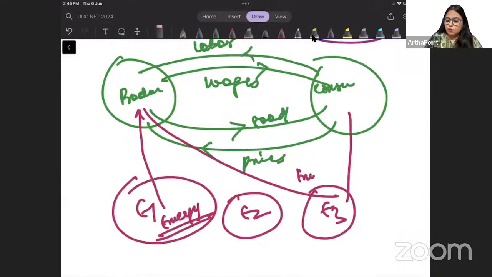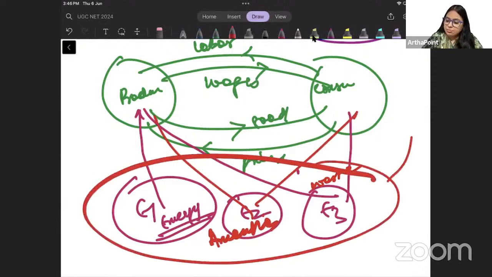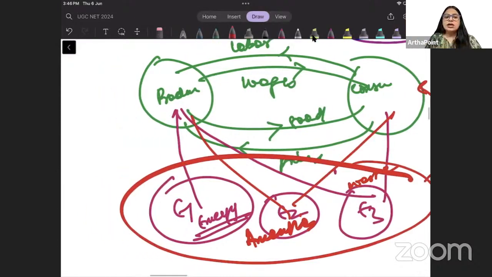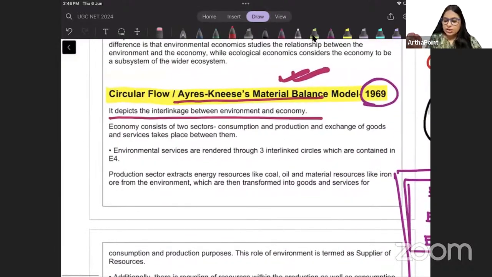I mean waste, whatever waste is getting generated that is going to the environment. बहुत सारी amenities भी environment दे रहा है to producer and consumer. So when we link this environment to the economy, जब हमने environment और economy को interlink कर दिया, that is basically becoming your model, right? So the interlinkage between environment and economy, that is something which is taught by this Ayres Kneese material balance model. Am I clear with this?